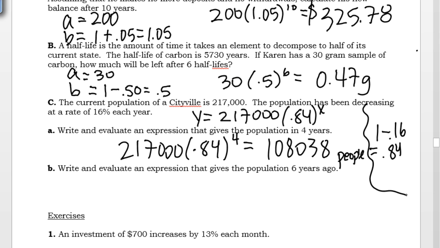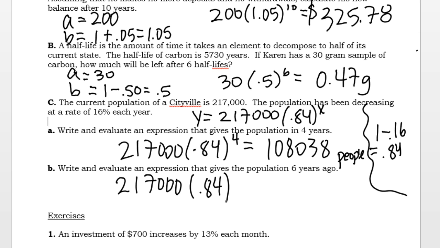What was the population 6 years ago? So, this one's kind of weird. If we're going to go back in time, what we're going to do is we're going to undo reducing. We're not going to change the percentage to increase 16%. We're going to undecrease. To undecrease, we're going to use a negative exponent.